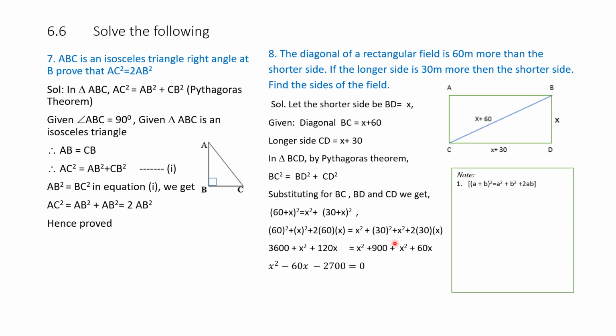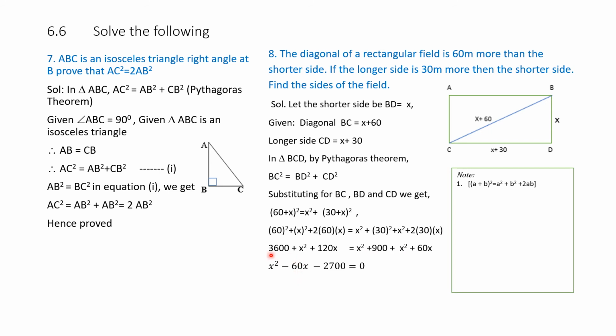Therefore, simplifying, taking all terms to one side, this x square and this x square get cancelled and this x square remains on the right hand side. So this is x square, and if you take 120x to the right hand side, it becomes minus 120x plus 60x, that is minus 60x.